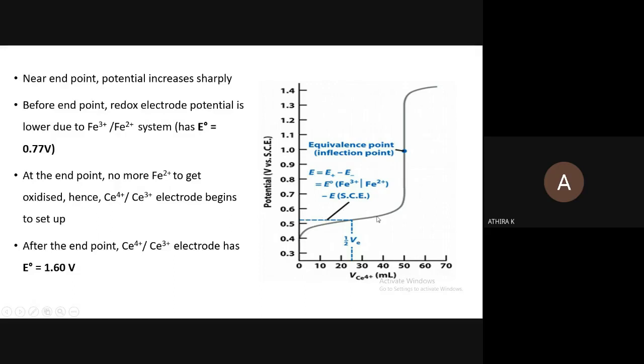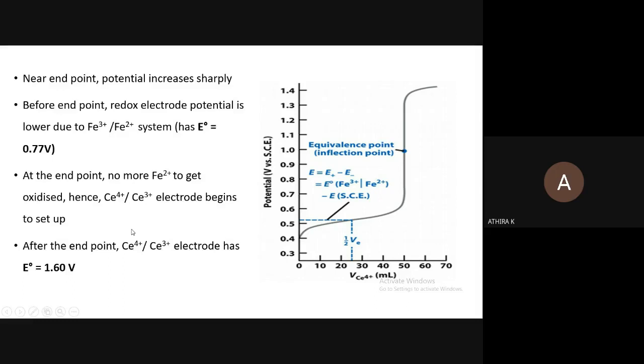Here there is an electrode, that is Fe3 plus bar Fe2 plus, and its electrode potential is equal to 0.77 volt.